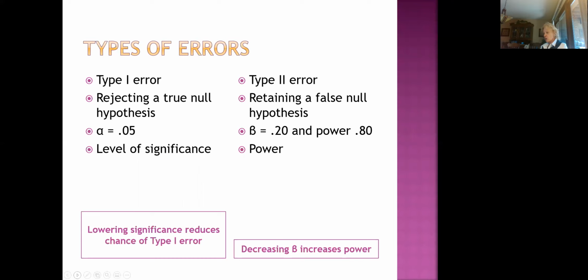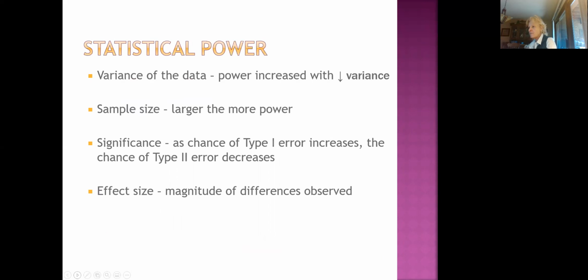So type 2 is retaining a false null hypothesis. So that's reflected as a beta, and usually the standard is a 0.2 with a power of 0.8, and decreasing the beta increases your power. So let's say a little bit more about statistical power.